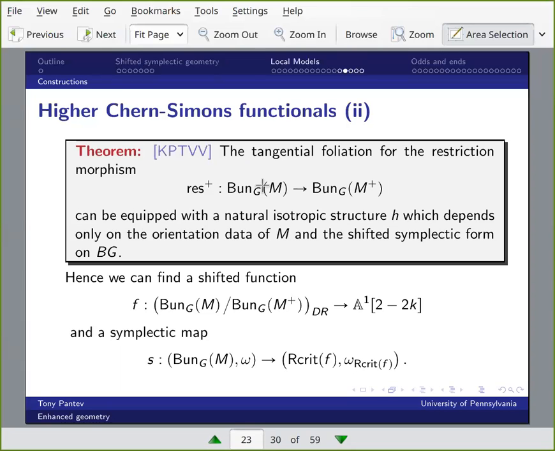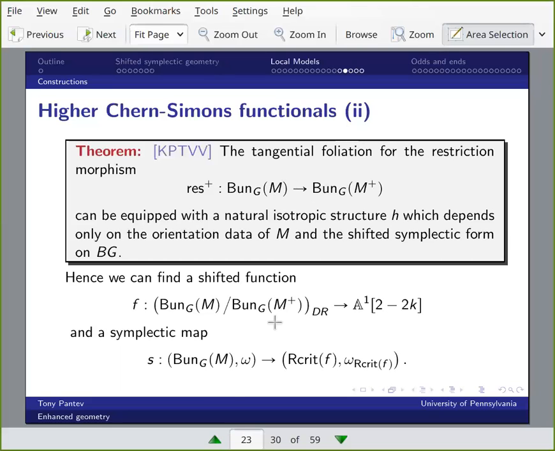We can prove it under some conditions on the Postnikov tower of M. So there, you need some Postnikov classes to vanish to actually cheaply prove that the thing is Lagrangian. In general, I expect it always to be Lagrangian, but we haven't proven it. But it's certainly isotropic, and the map is symplectic.